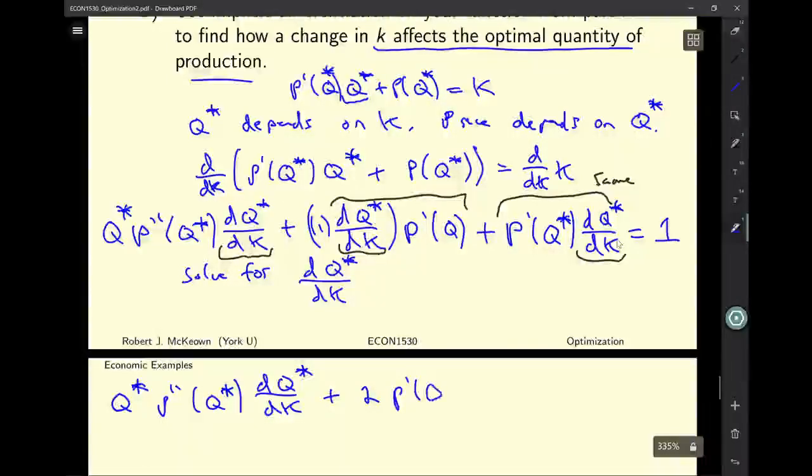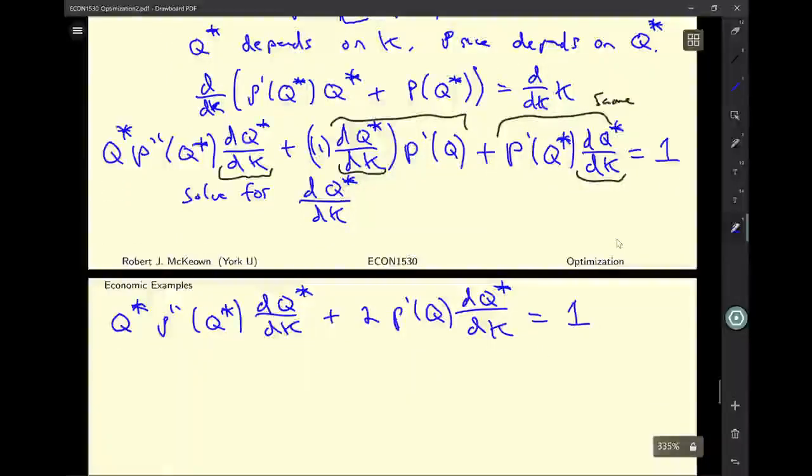P Q, change in Q star over change in K is equal to 1. And not too bad, because this is the thing that I'm solving for. So I've got them all on the left-hand side. Every term that includes one is on the left-hand side. Only this one term, the one term on the right-hand side, has none of these changes in it.